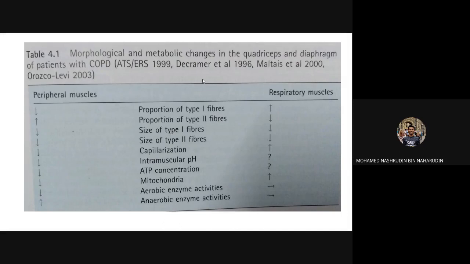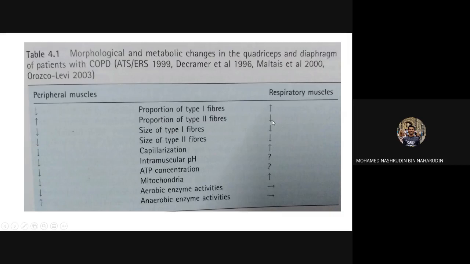This is because your particular muscles have experienced a prolonged, chronic struggle in breathing activity, which leads to an increase in the endurance component of metabolism within your respiratory muscles. That's why there is an increase in type 1 muscle fiber and a decrease in type 2 muscle fiber.